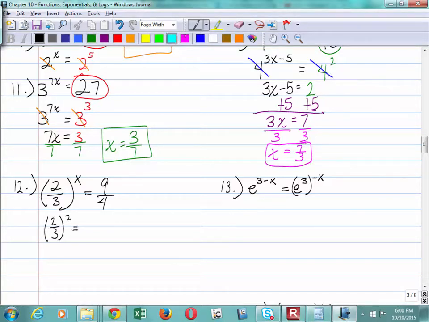So I can replace 9/4 with 2/3 to the power of -2. So the negative flips it over to make it 3/2, and then 3/2 squared is 9/4. So I have 2/3 to the x equals 2/3 to the -2. So that just gives me x is equal to -2.